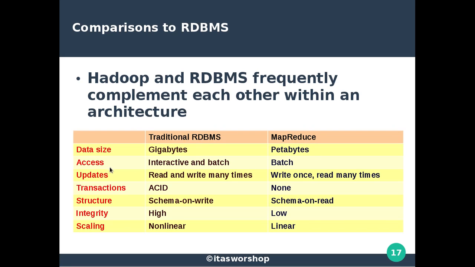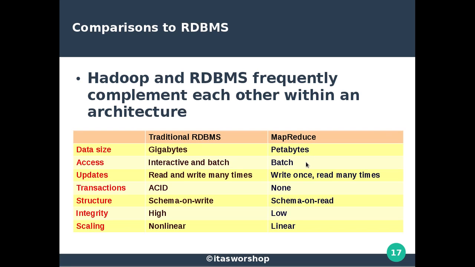If we talk about access, the traditional system is interactive as well as batch processing. You can perform queries, you can see your result, you can write a result interactively, you can perform updates with your data, while the traditional MapReduce approach is batch processing.